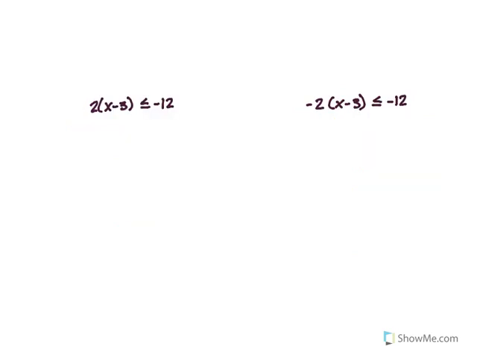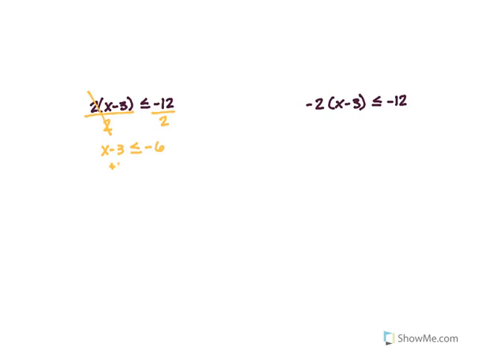Okay, so this is problem 15 from your homework. The one on the left is. The one on the right is just the same problem that I changed so that we can see the differences. So I'm going to go ahead and divide by 2 first. My 2's will go away and I'm left with x minus 3 is less than or equal to negative 6.